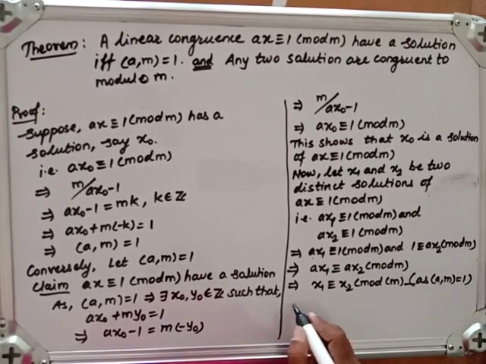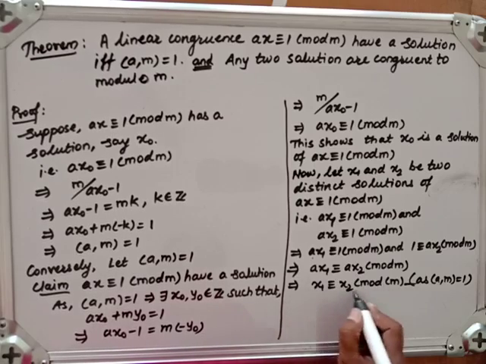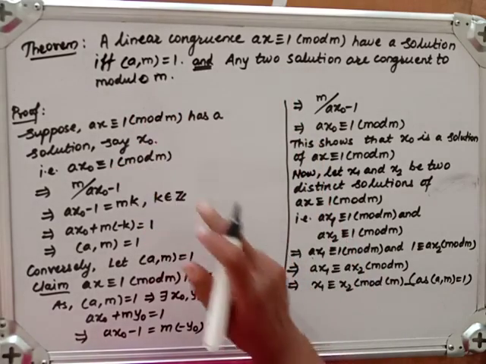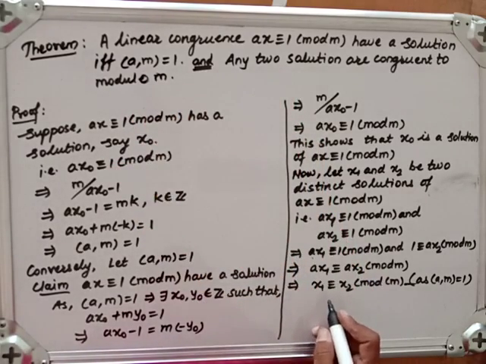Fine. So what does this show? These are congruent to each other. So any two solutions are congruent to each other modulo m.